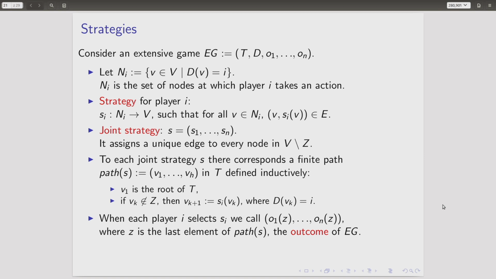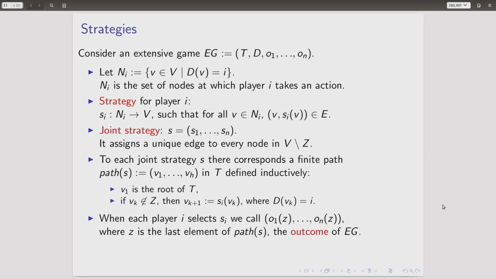So if you have a strategy for each player, then the best way to think of it is that you have a chess game played between two computers. Each computer program has an exact prescription of how to move. You put them together, they play against each other, and there will be an outcome of the game.